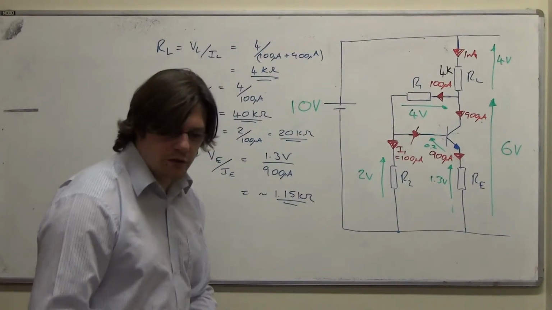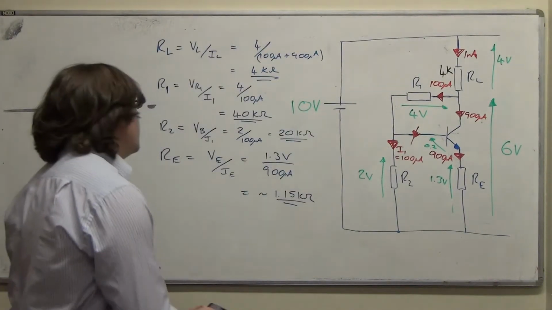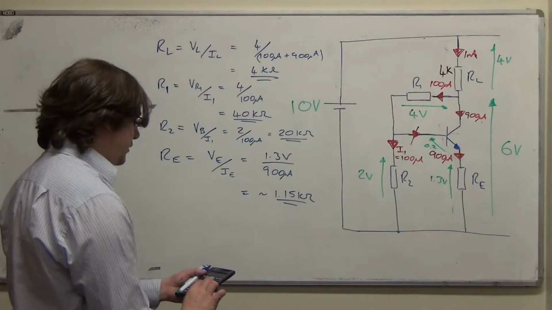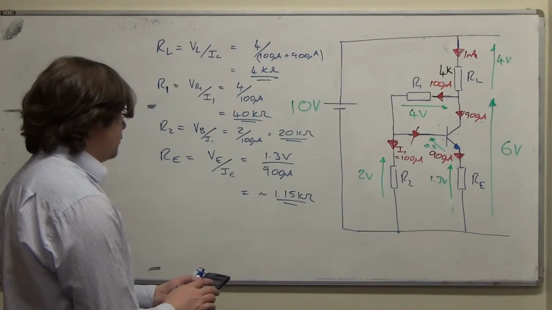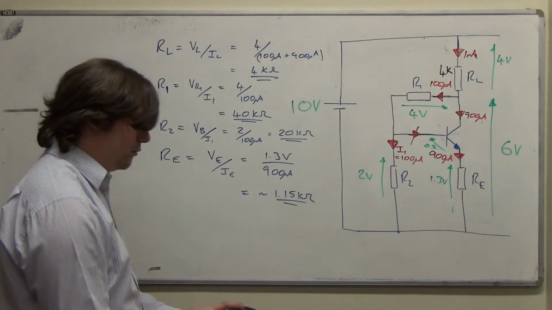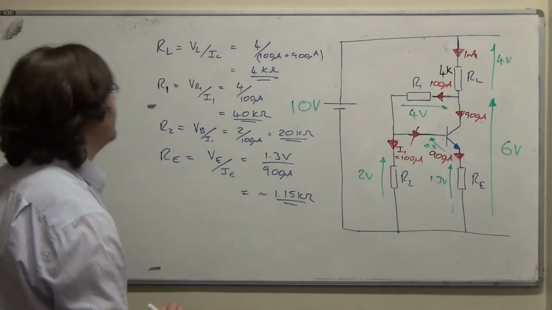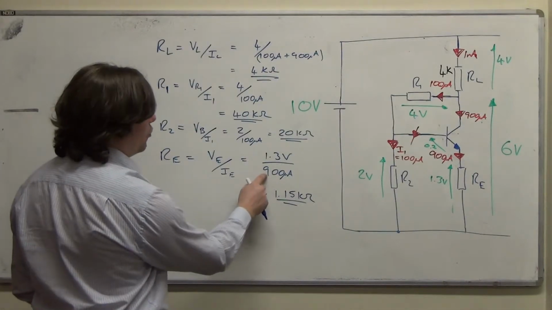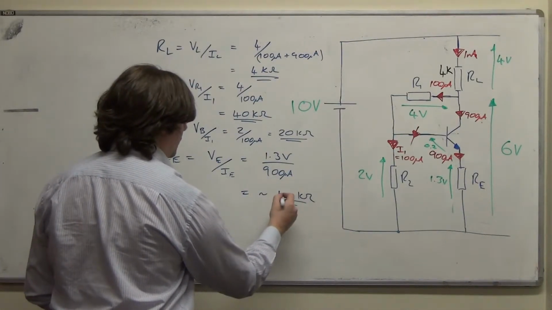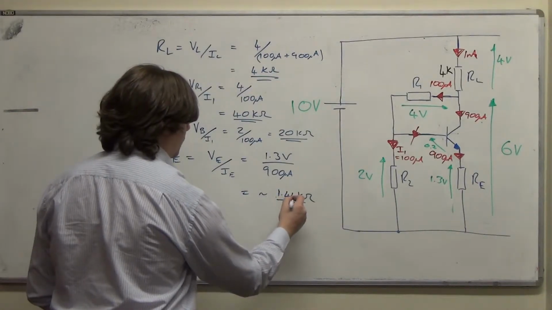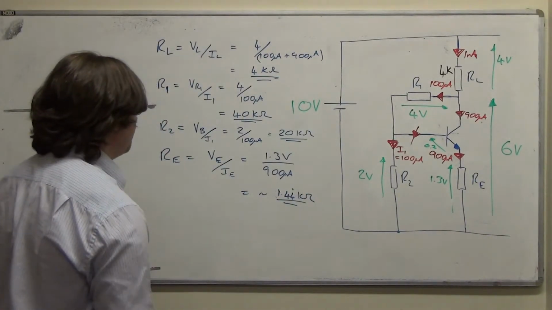I don't know exactly, I need to work it out with the calculator. 1.3 divided by 900 E minus 6. Oh yeah, I went the wrong way, didn't I? That would be more than a kiloohm. It's 1.44 recurring kiloohms.